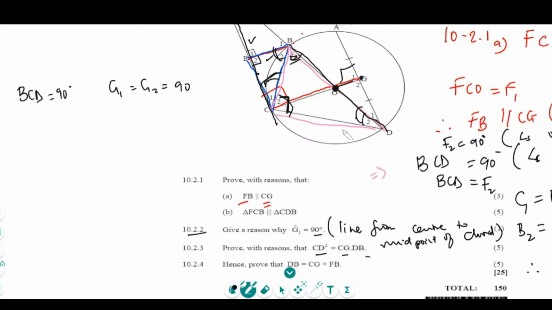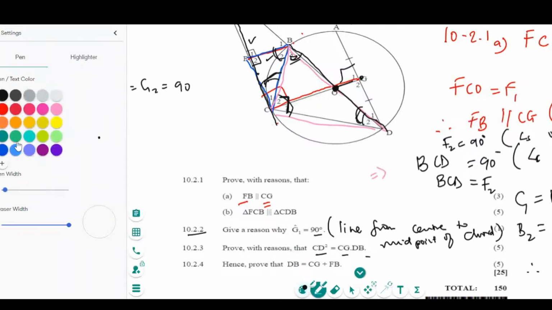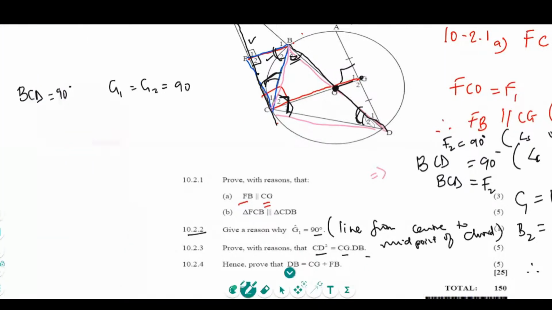Then we can see that this angle here, D2 and this angle C3, D2 and C3, they are also the same. These are angles opposite equal sides, because this is a radius and this one is also a radius.